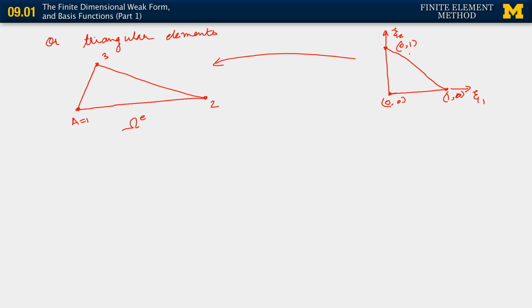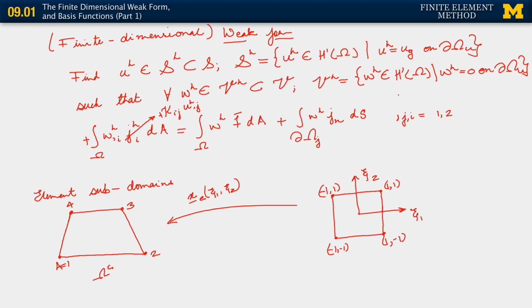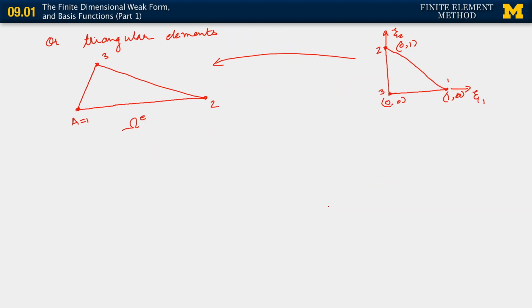Okay, and we also recall that in this setting our degrees of freedom here are labeled 1, 2, and 3. And that reminds me that I did not label the degrees of freedom on the bi-unit domain here. So let me call this 1, 2, 3, 4. Okay, but we know that already very well. And again we will get from here a mapping of the geometry as well, C1, C2.